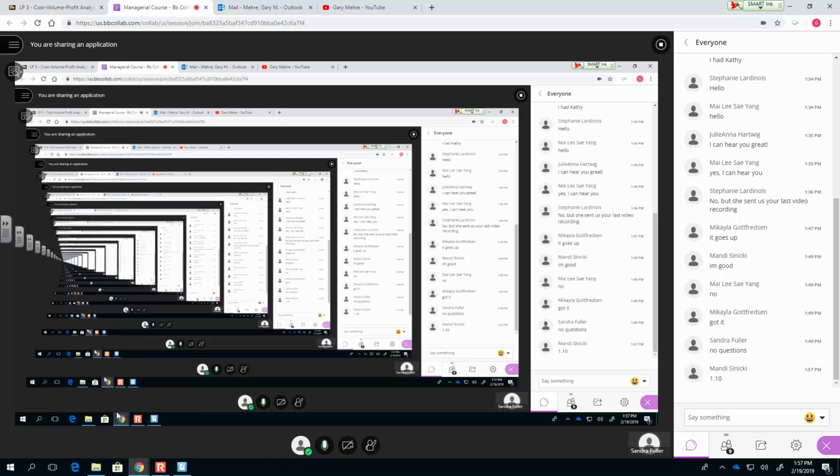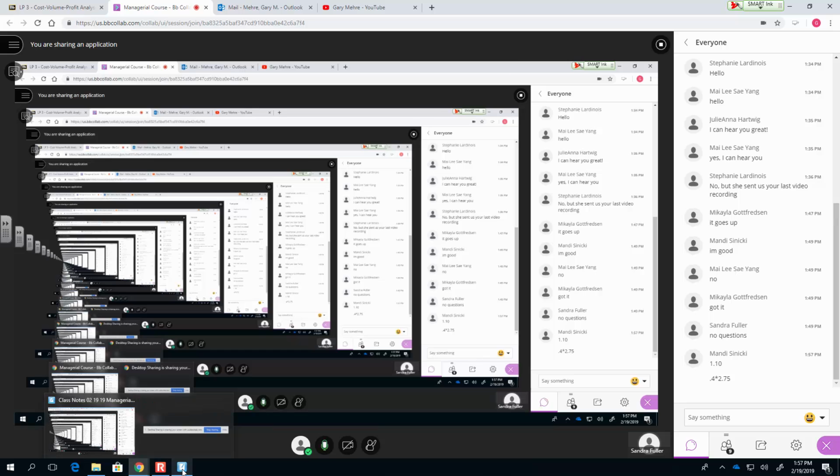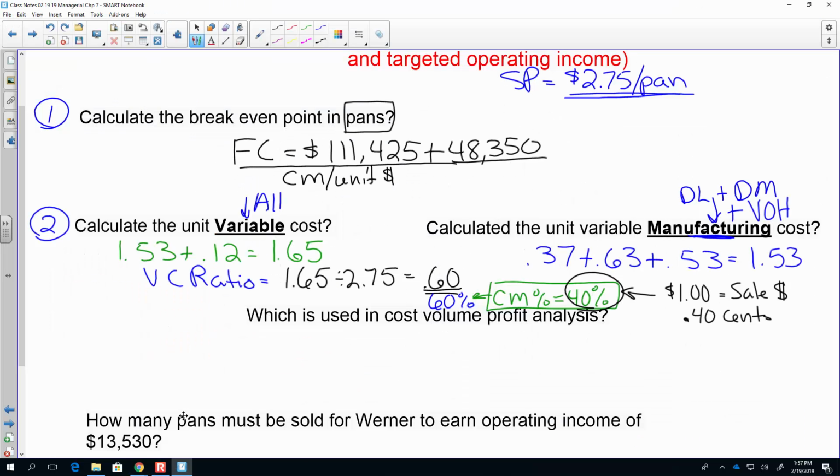Mandy, how did I get the $1.10? The margin 40% of 275. I love that answer. Good job. That is exactly right. So what Mandy did, I'm going to change colors here. It is $1.10, and the way she got it was to use the margin 40% times the selling price of 275.